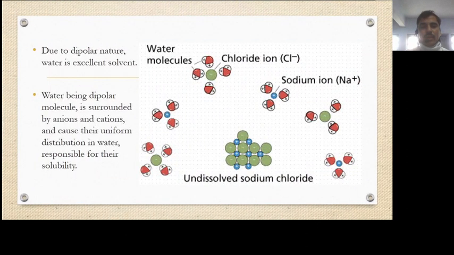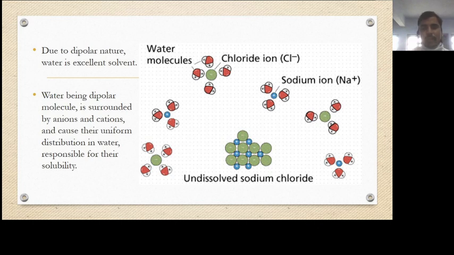Due to its dipolar nature, water is an excellent solvent. Water being a dipolar molecule is surrounded by anions and cations, and causes their uniform distribution in water, which is responsible for their solubility.